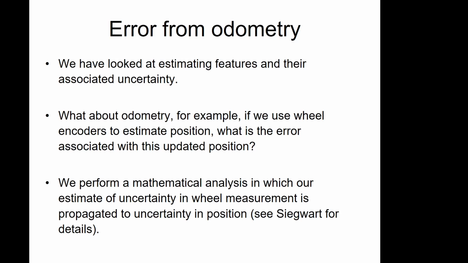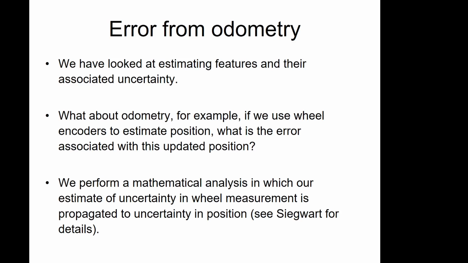The final thing I want to discuss in this video is the error from odometry. This will be a very quick mention, but as I said, when we're using sensors to measure a robot moving, there are problems with wheel slip and bias on accelerometers and gyroscopes, so the error increases.